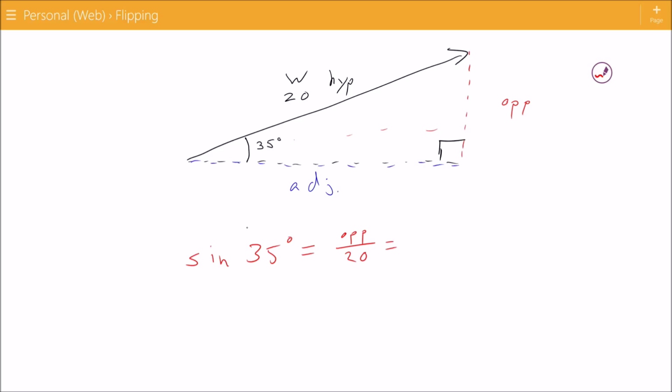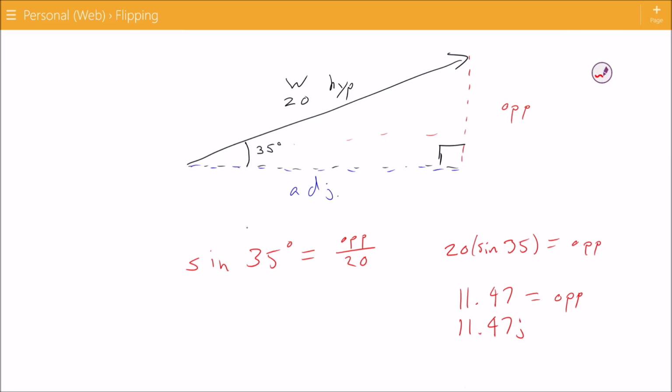What that means, I shouldn't make an equal sign there, I should just continue a separate equation. 20 times the sine of 35 is going to give us the opposite side. 11.47, going to the nearest hundredth. And really what this is, 11.47. My vertical component is j.